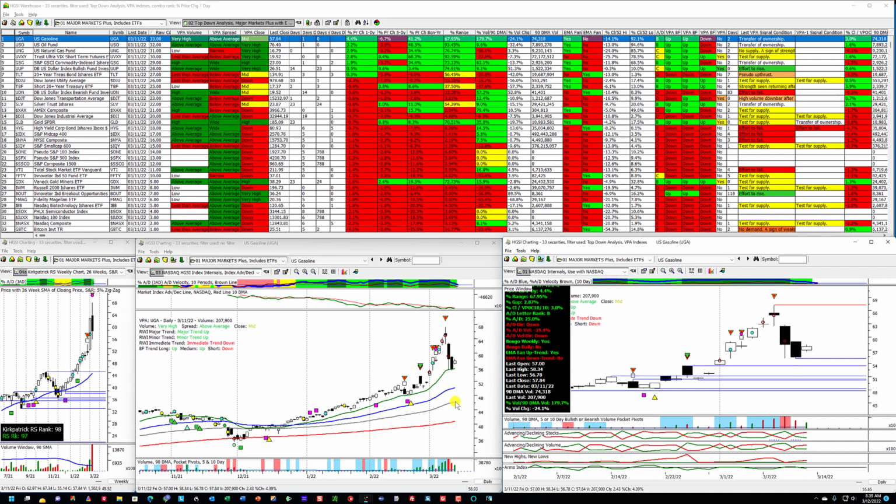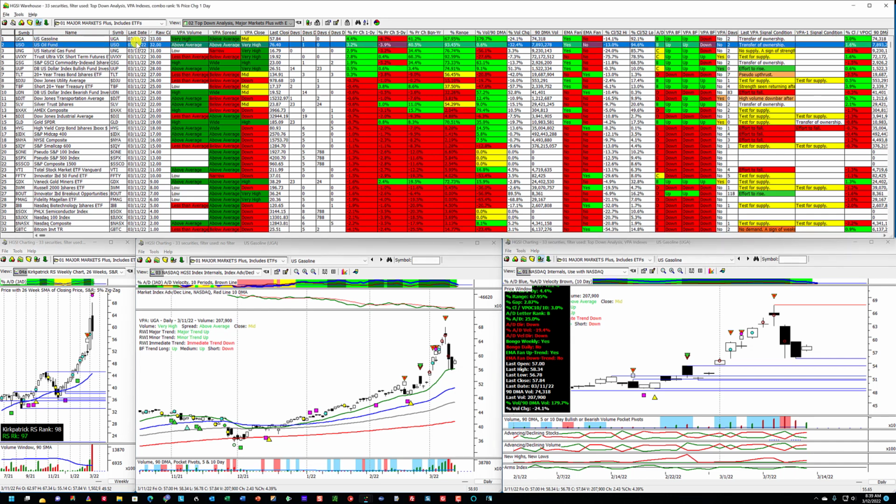The 18's above the 50, and the 50's above the 100, and the 100's above the 200, and you can see that there is a fan formation. So that's up. We can also see that gasoline is down 14.1% from its 52-week high and up 92.1% from its 52-week low. Now this can be done, of course, for anything that's visible in here.